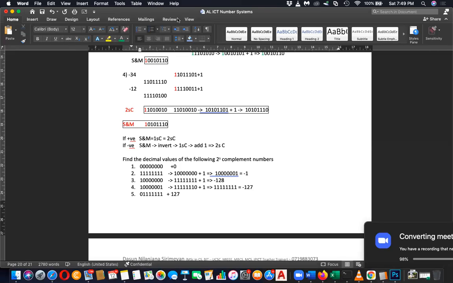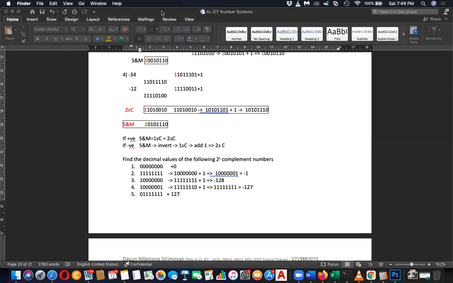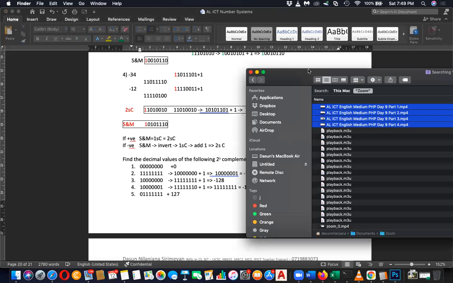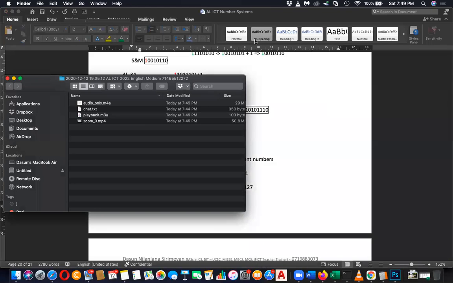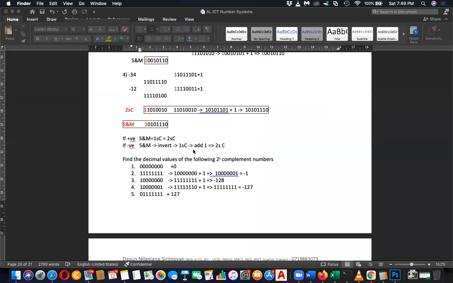How many of the answers you got correct? All? 5 out of 5? Sachini, 5 out of 5, or is it less than 5? 4. So which one you got wrong? This one, third one? Fourth one.